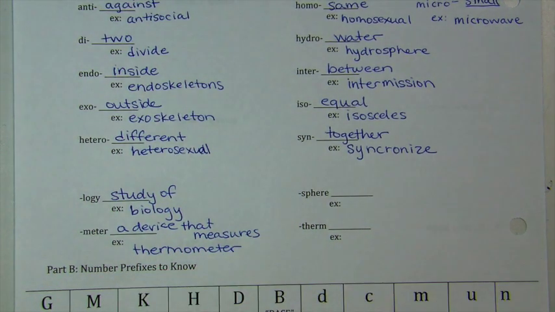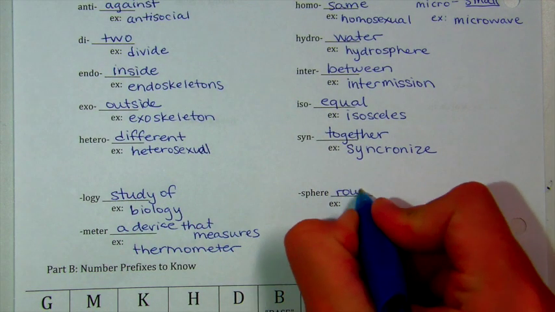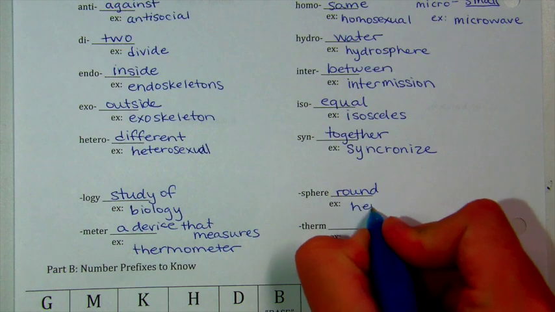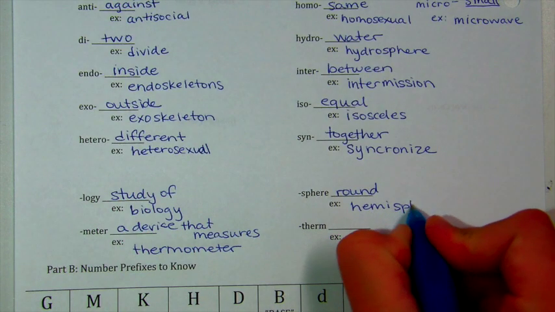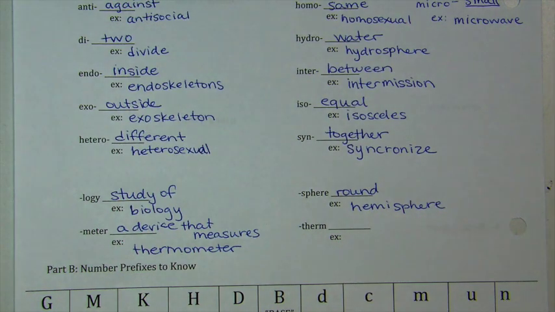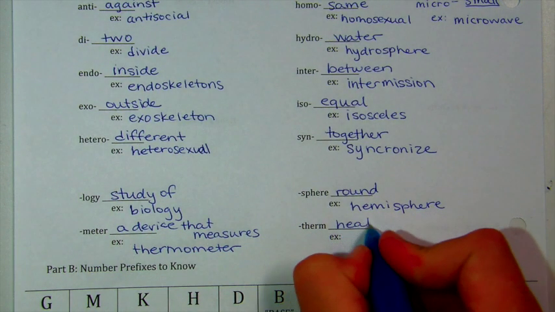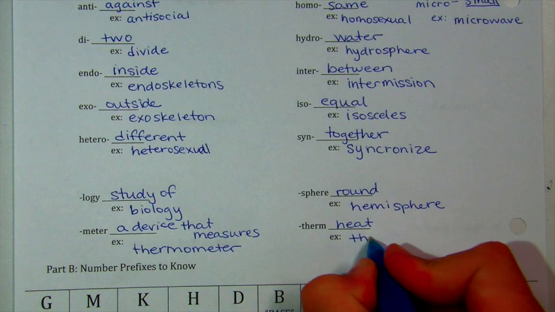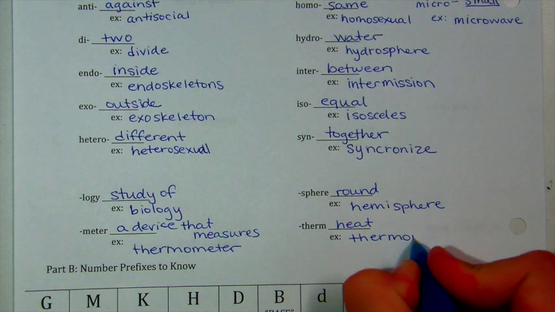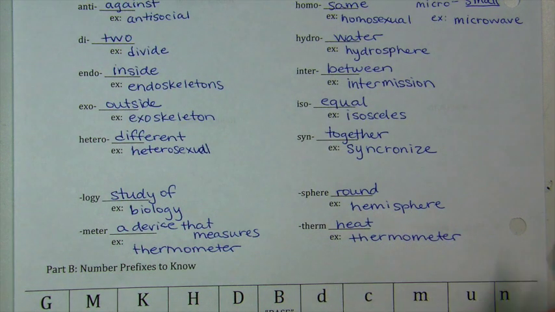The suffix sphere means round, as in hemisphere. And the suffix therm means heat. Thermometer is an example where it's used as a prefix. It can also be a suffix.